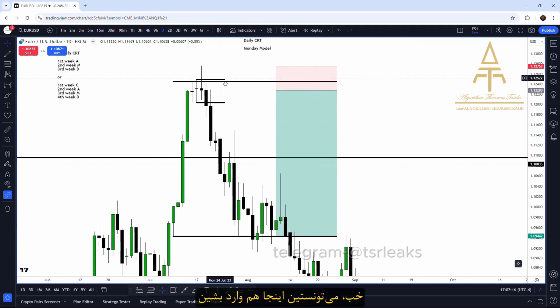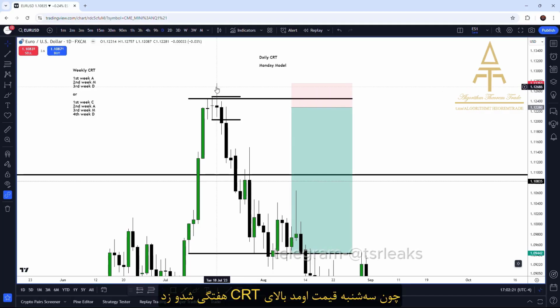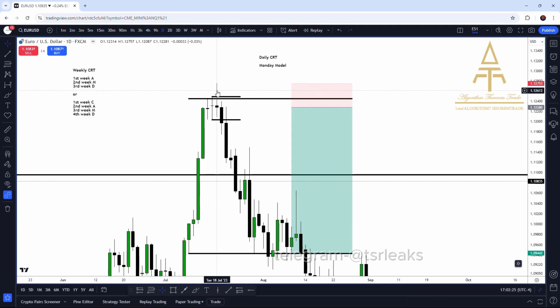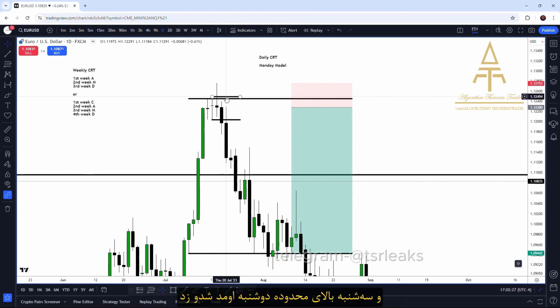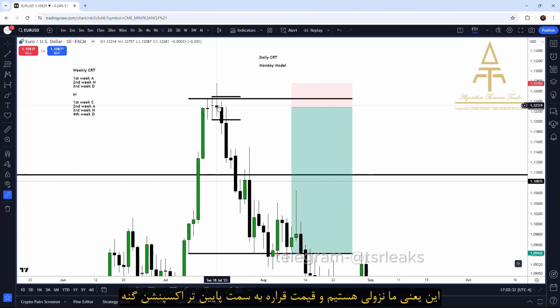Now, sure, you could have entered here. Why could you have entered here? We wicked above the weekly CRT on a Tuesday, and we wicked above the Monday range on a Tuesday. That means we are bearish and we are going to expand lower.